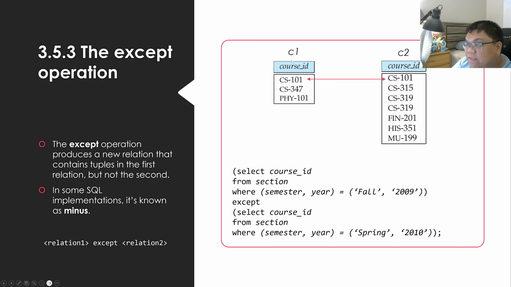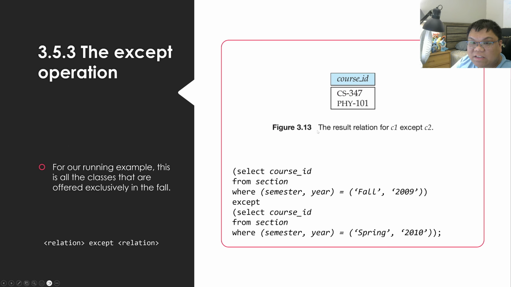So what appears in C1 that does not appear in C2? CS-101 appears in both C1 and C2, but C1 only has, let me go back, CS-347 and Physics 101, those appear in C1, but not C2. So these are just classes that are offered exclusively in the fall.